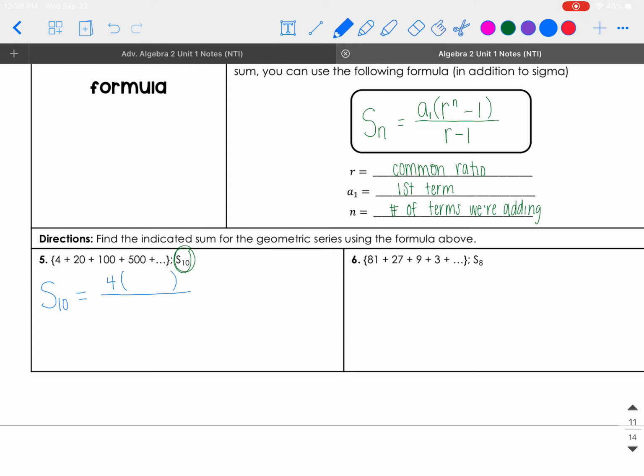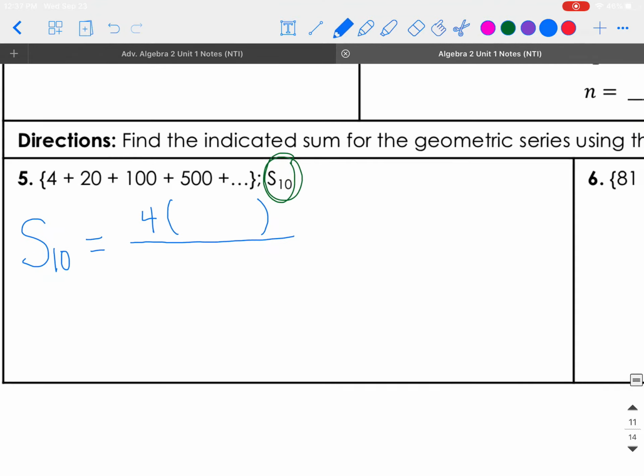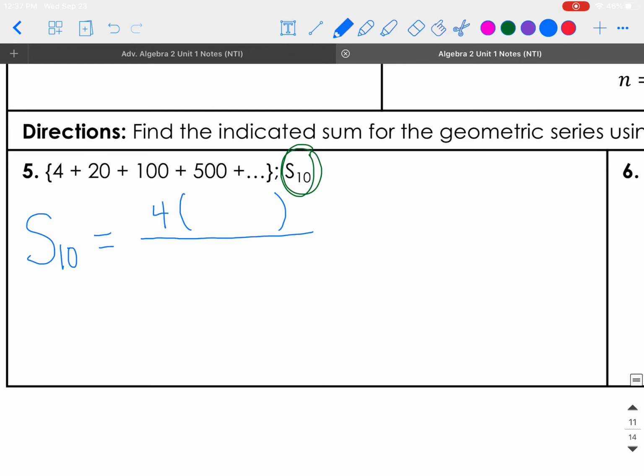And then in parentheses, I need to know my common ratio. So what am I multiplying by? If you can't tell by just looking, take any of those numbers, like 100, and divide it by the number before it, 20. And we get 5. So the ratio is 5.